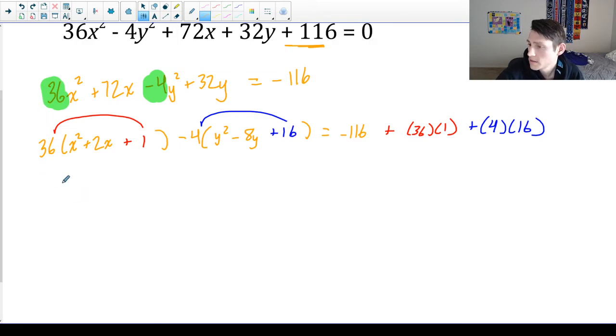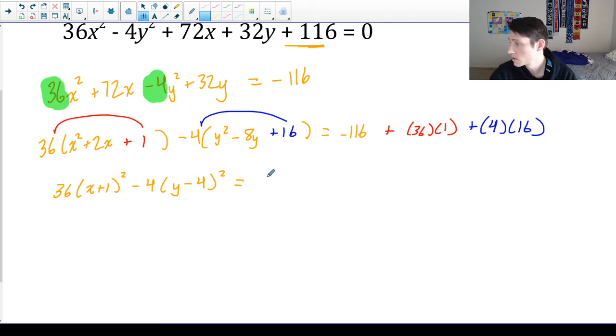Now I can factor. So left side, 36 times x plus 1 squared minus 4 times y minus 4 squared equals, let me calculate, negative 116 plus 36 times 1 plus 16 times 4.